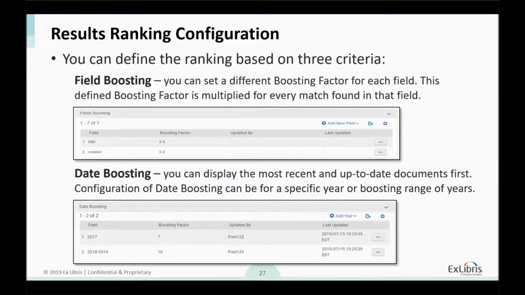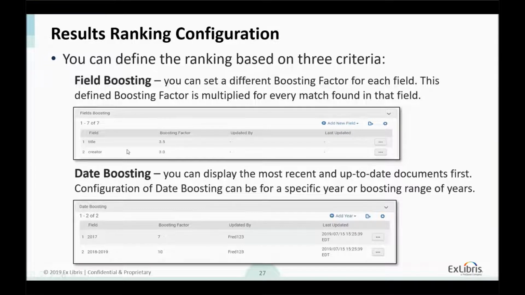We provide 3 criteria in order to define the ranking. The first option is based on field boosting. You can set a different boosting factor for each field. You can see here in the configuration the list of the index fields and the boosting factors that we provide out of the box for those fields.